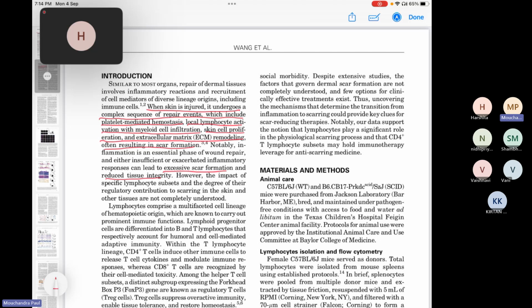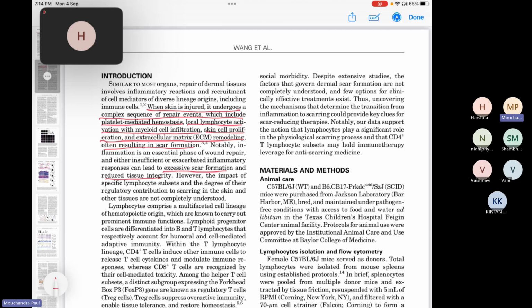When I say scar, or what is scarring, it means that a large amount of collagen is deposited, and the cell population in that area is very, very low, almost negligible. Because of that, that area of the tissue is non-functional.